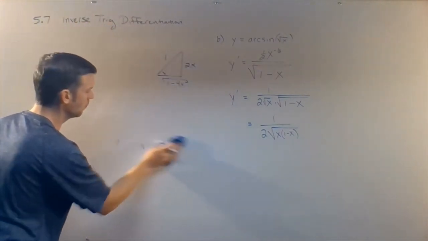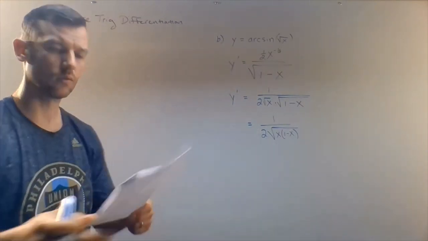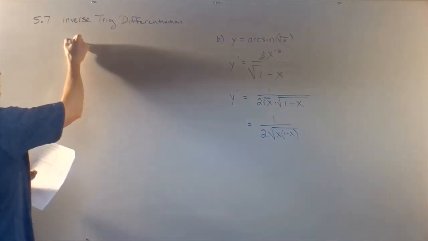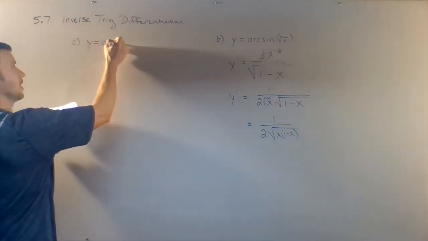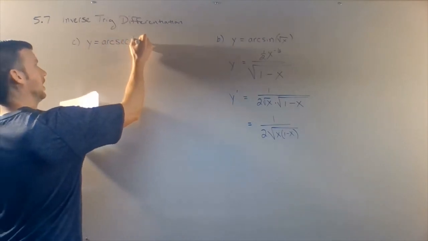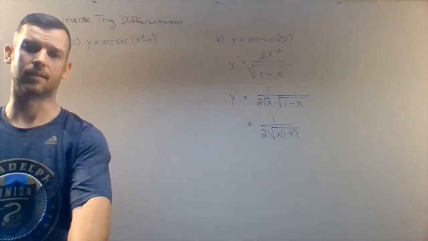I'm not going to do that long way anymore. I'm going to learn these shortcuts, these derivative rules, and then apply them. So letter C, y equals the arc secant of x squared minus x. So it's the derivative of arc secant.